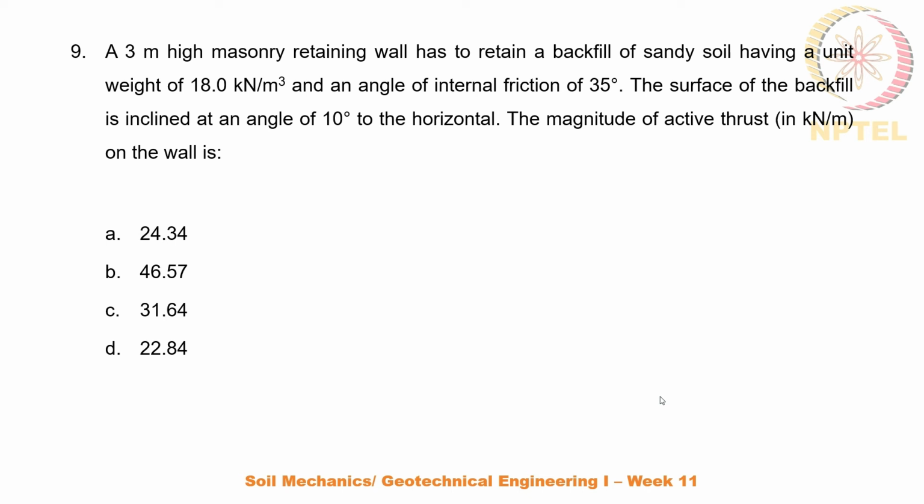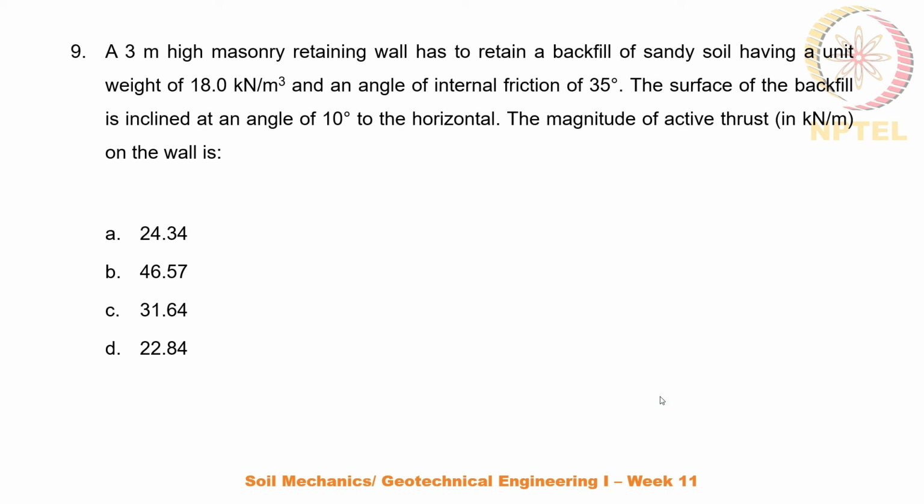So here also we are given a backfill with a surface inclined to the horizontal at an angle of 10 degrees. The height of the masonry retaining wall is 3 meters and the unit weight is 18 kilonewton per meter cube.